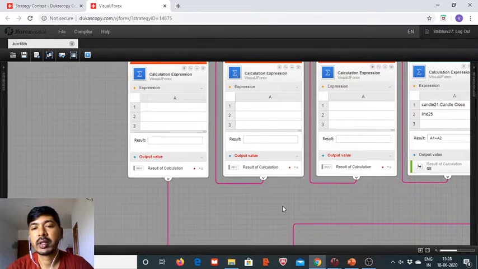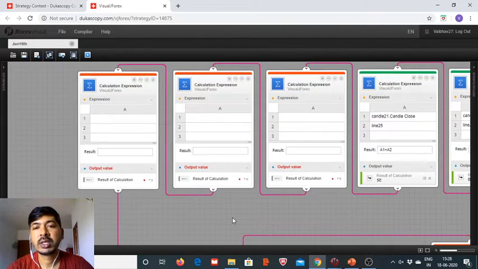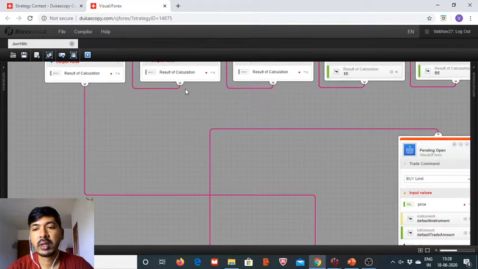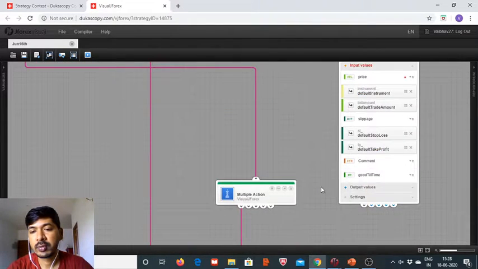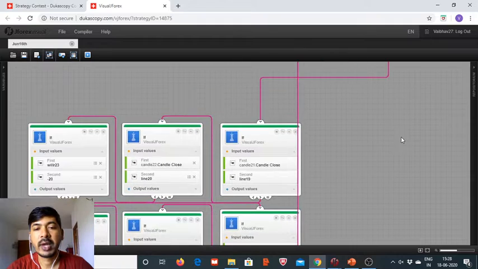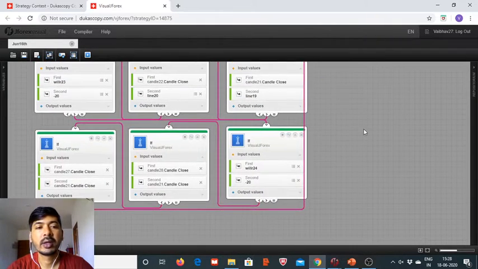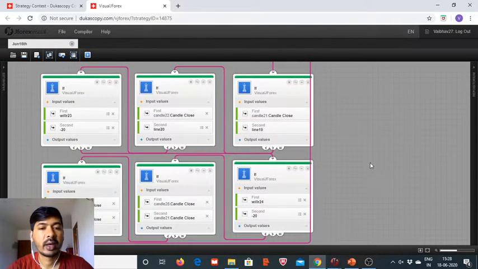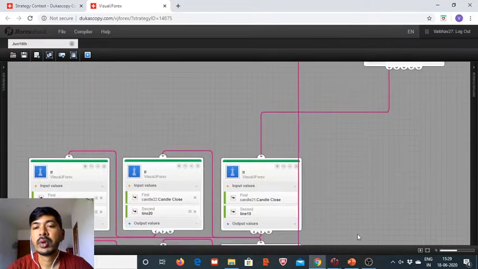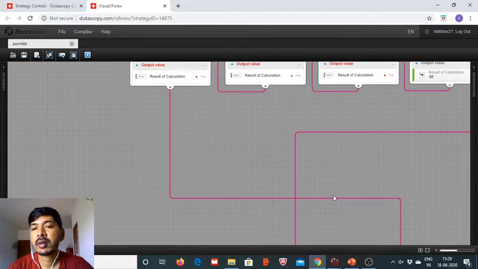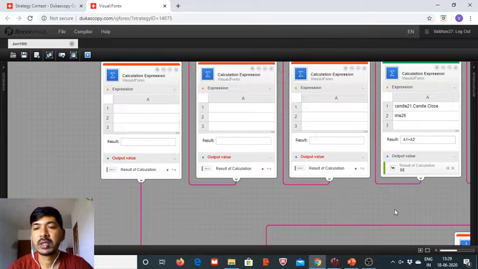Yesterday we had brought in these three calculation expression blocks, and we had almost finished the setup on the buy side, but now we are adding two more conditions, and for that we will need to bring in some additional blocks as well.